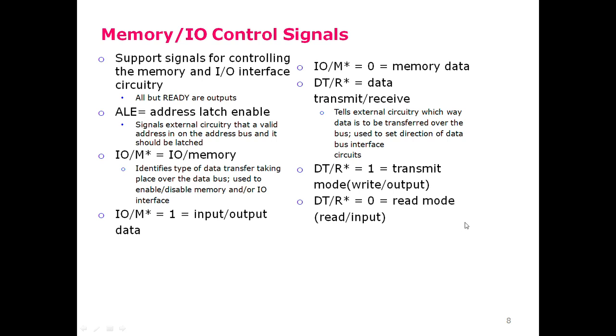So when the data is being read from the memory location or from the input and output device, this is indicated through this pin when it is set to 0. This pin is also used for controlling the transceivers to set the direction of the data, whether it is going outside of the microprocessor or coming inside of the microprocessor.